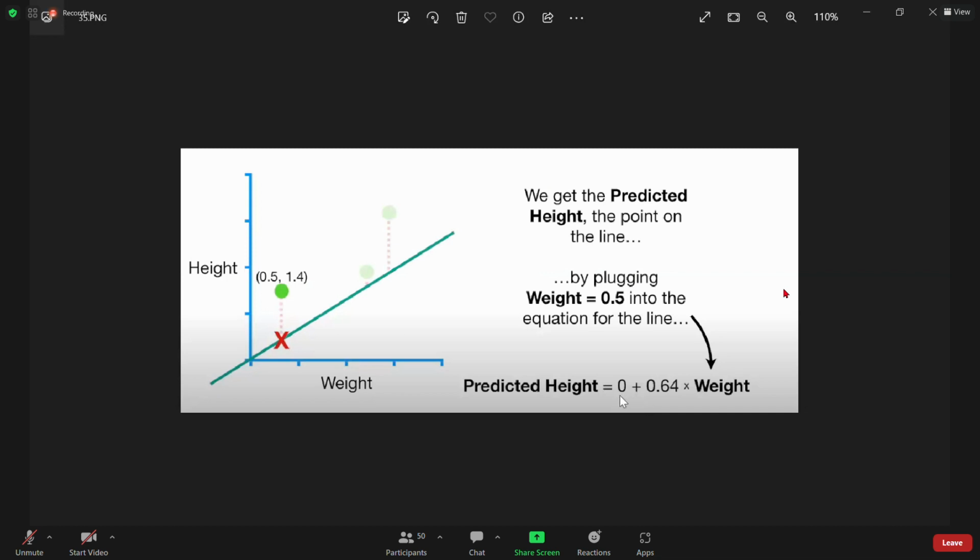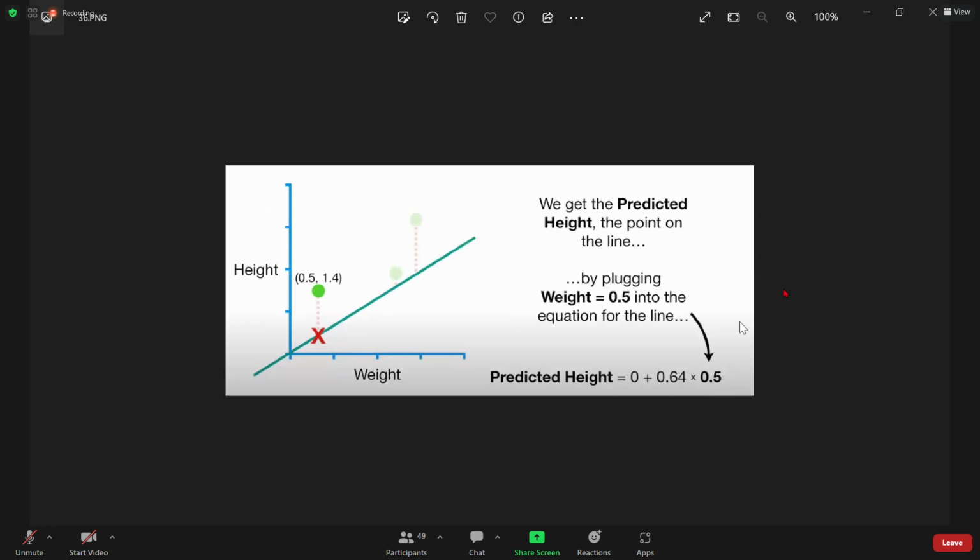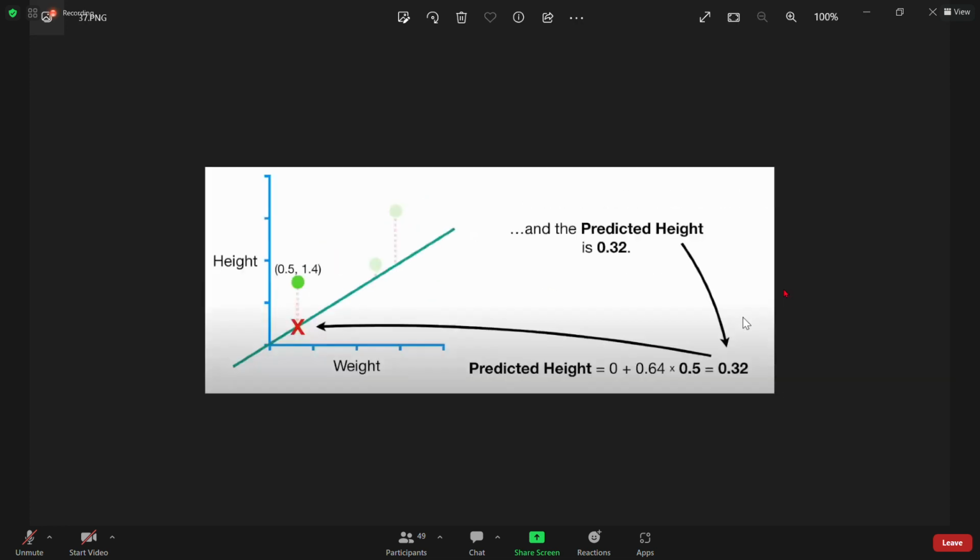The intercept is 0 because the best fit line touches the origin, plus the weight. What is the weight of the person, guys? 0.5, because this point is 0.5, 1.4, so the weight of the person is 0.5. Now the predicted height equals 0.32.